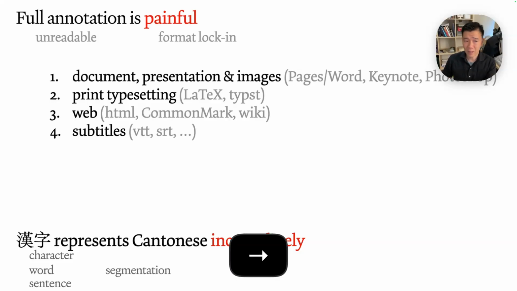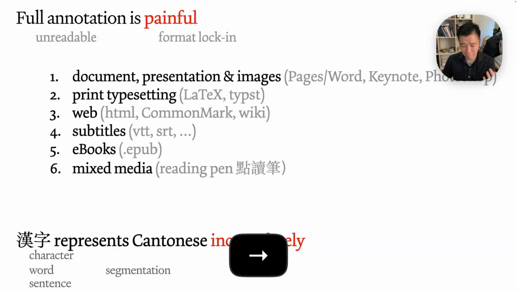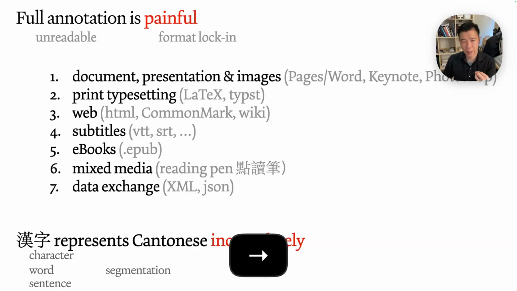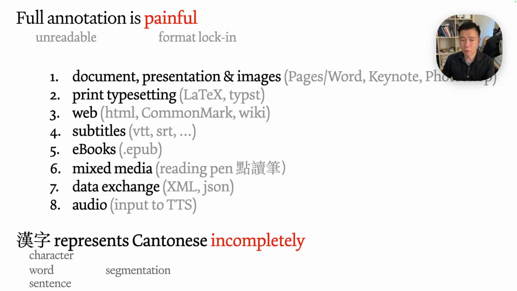We want to use them in subtitle formats, in ebooks, in mixed media, maybe with a physical embedded device. Maybe we just want to have all of that in a data exchange format like XML or JSON. Maybe we want to use that as a prompt input to TTS so that we get audio. How do we do that?